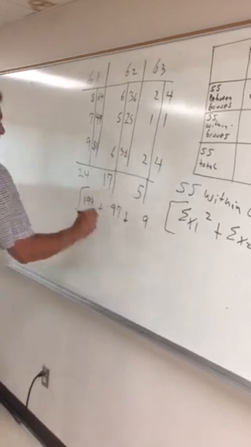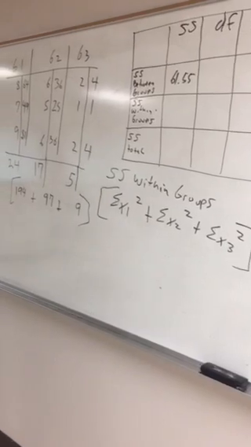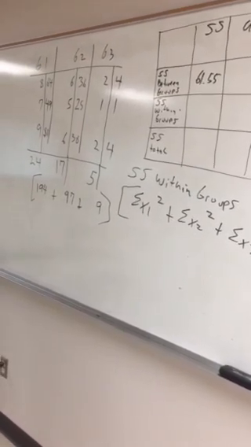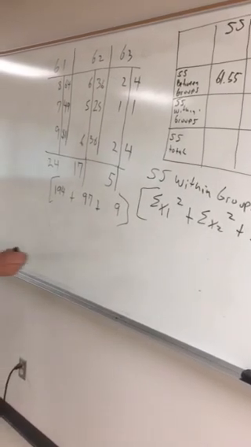So this is my little bracket right here. So I'll go ahead and add those up. 194 plus 97 plus 9 gives me a value of 300.